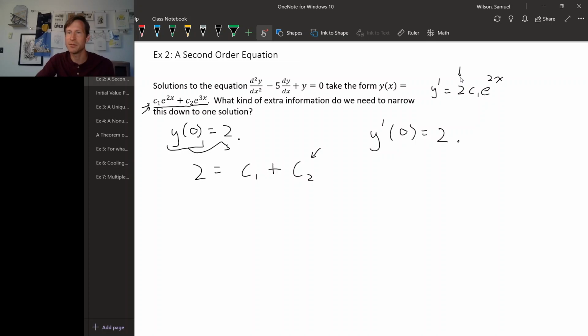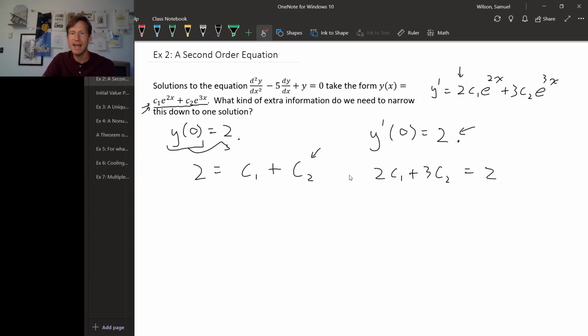This 2 in front is coming from the chain rule, plus 3 times c2 e to the 3x. And then we can plug x equals 0 into that to turn this initial value for y prime into an equation. So we get 2c1 plus 3c2 equals 2.